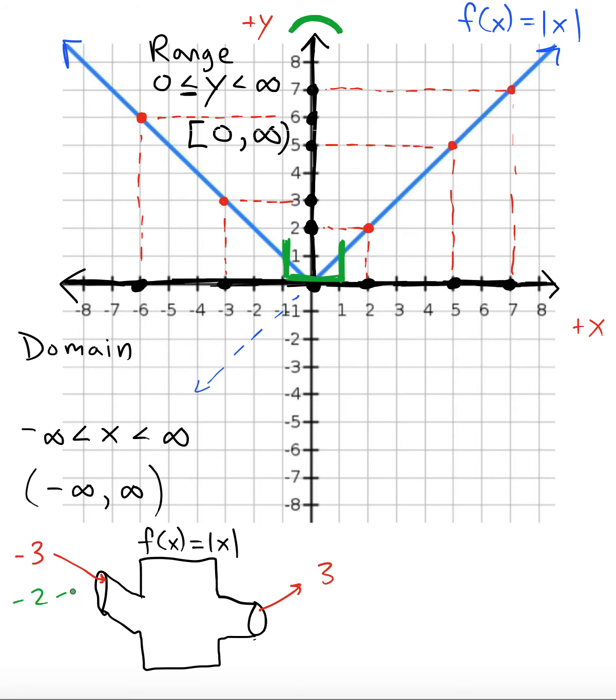Plug in a -2, you get out +2. So see, no matter what you plug in, you're never going to get a negative value out. You always get a positive or 0.